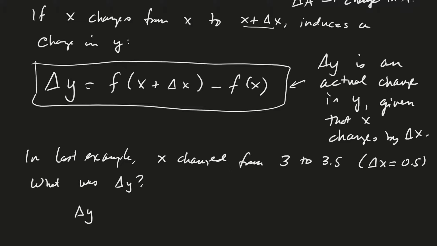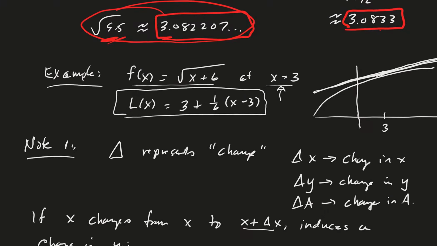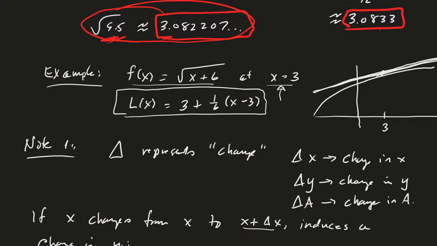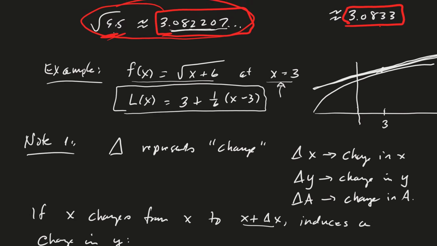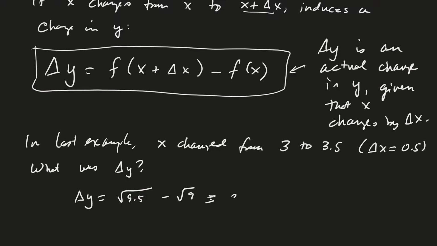Well, the change in y is the square root of 9.5 minus the square root of 9. Let me scroll up to where we did it. The square root of 9.5 was 3.082207, and then we subtract 3, so the actual change in y is about 0.0822.